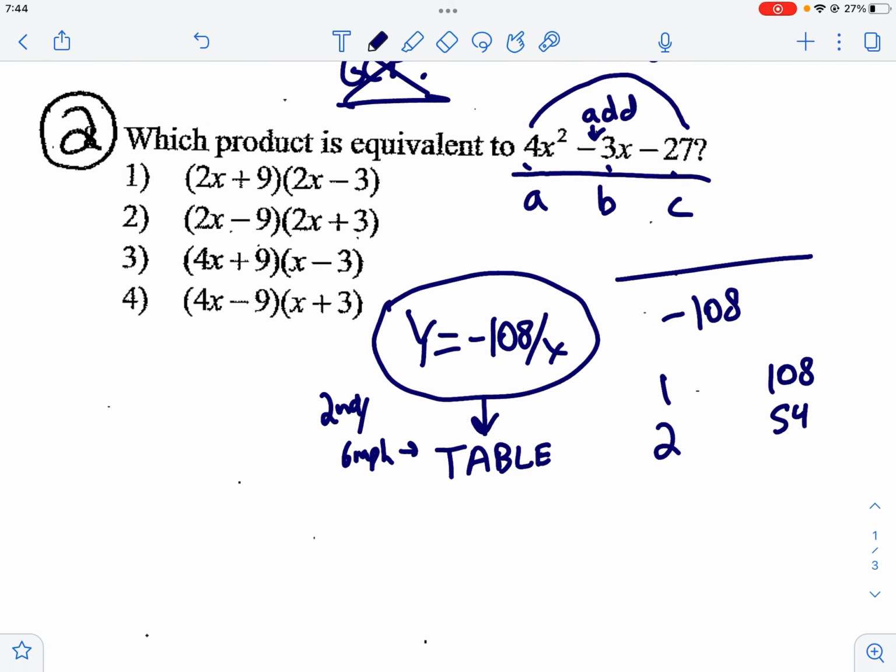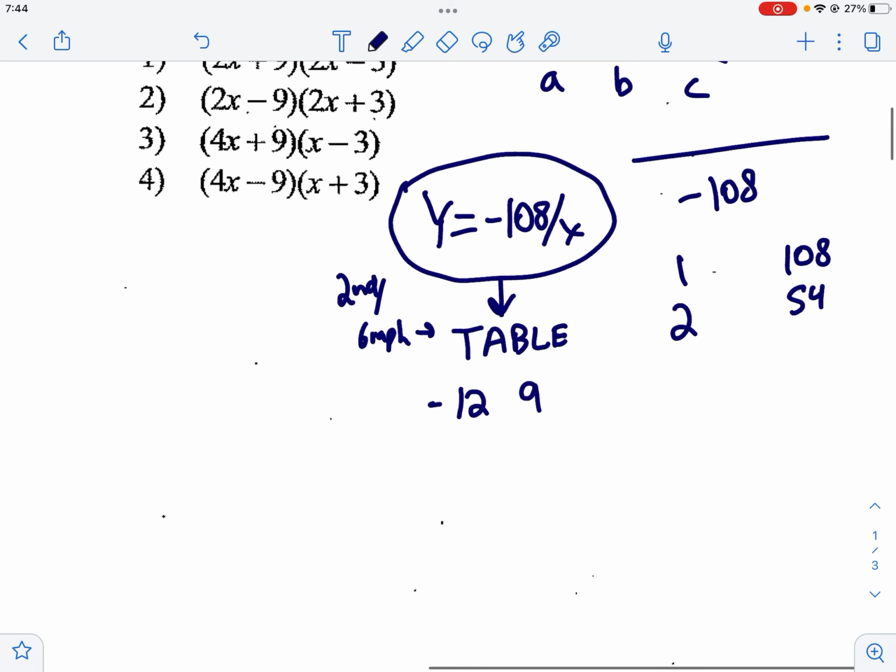you'll then need to only look for which two numbers are 3 apart, because we need them to combine to make negative 3. When I do that, the numbers that I see that are 3 apart, that combine to negative 3, are negative 12 and positive 9.